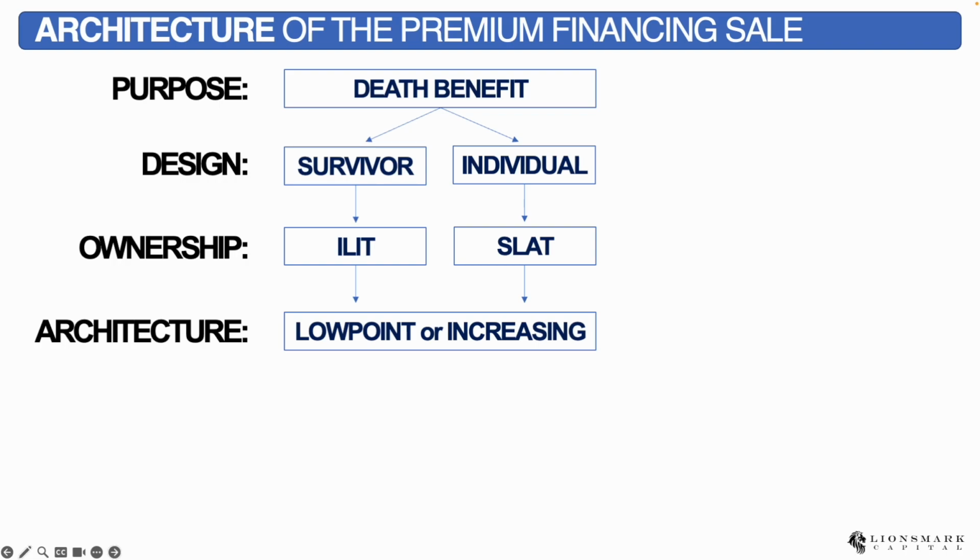I built a relatively simple calculator that shows if their taxable estate is X today, based on X growth assumption, what might their taxable estate be worth in 10 years, 20 years, 30 years, 40 years. And we typically look right around age 90 or so, assuming that's life expectancy.